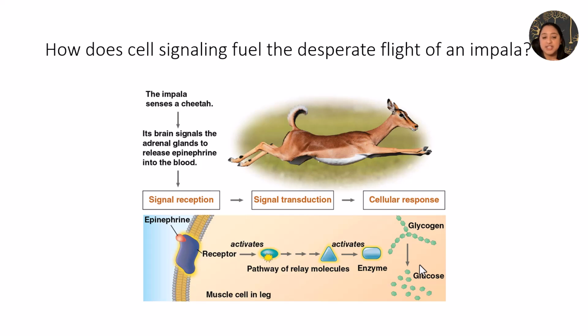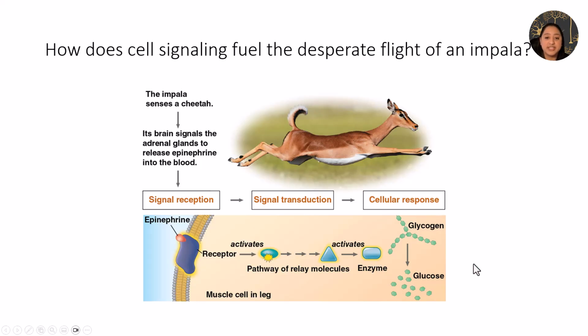It's like a relay, but instead of physically transferring one thing to each thing, the message is changed. And so instead of a baton, maybe it's, I don't know, like a snack. And so there's a relay of molecules, and then eventually there's a cell response.